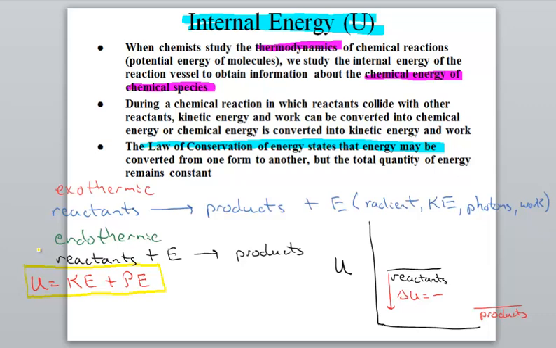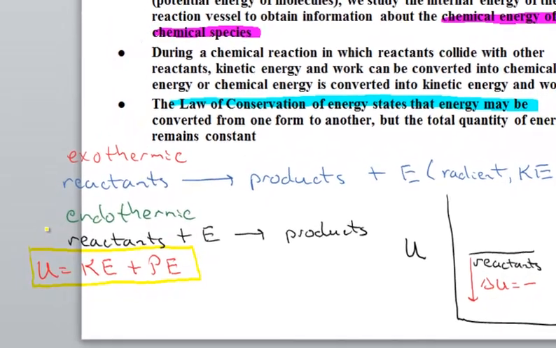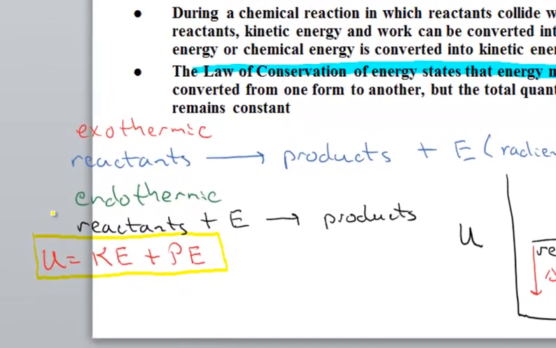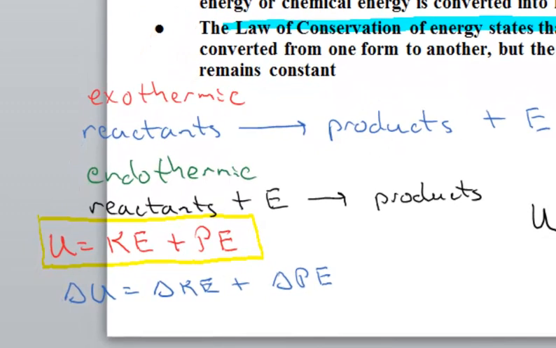It's nice to know exactly what the internal energy is, but knowing the change of internal energy provides a lot of information for chemists. So when chemists look at thermodynamics, we often look at the change when reactants form products. The change of internal energy equals the change of kinetic energy plus the change of potential energy.